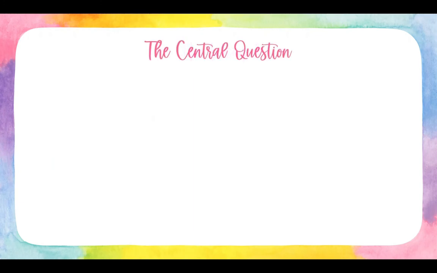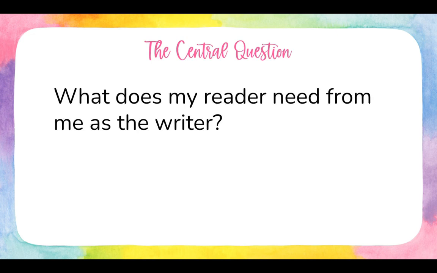The central question when we write like a reader is this: what does my reader need from me as the writer? And in order to answer that question, you have to know things about your audience. Who is your reader? And some of those things are elements that are true for basically almost every reader, and some won't be.